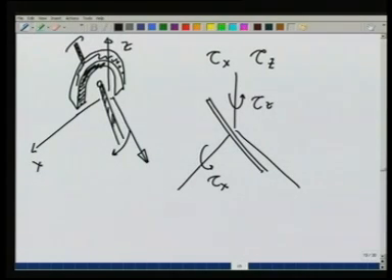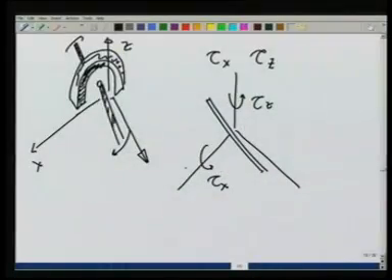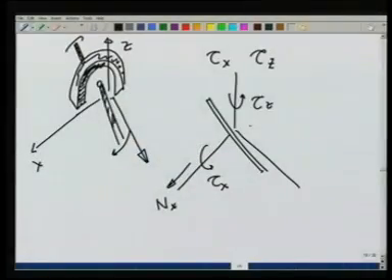On the other hand, I cannot push it along the x direction, and therefore, it gives me a normal reaction along the x axis. I cannot push it along the y direction if the shaft is fixed. Suppose I could push it along the y direction, then there is no force in this direction, but I cannot push it along the z direction. So, it gives me a force in the z direction.